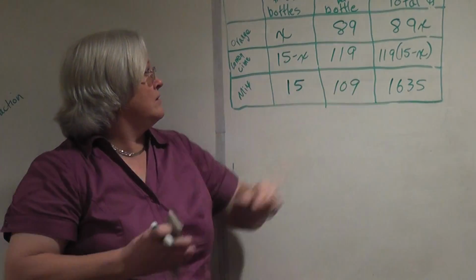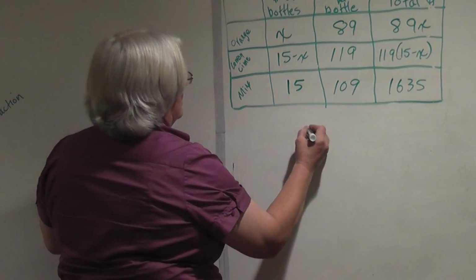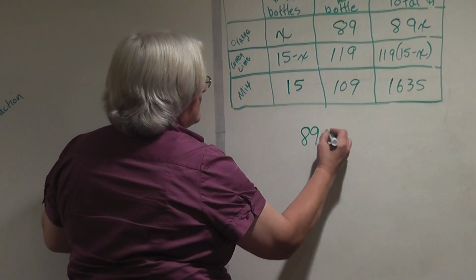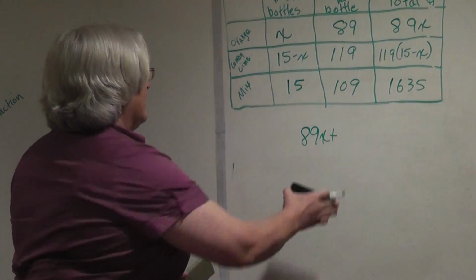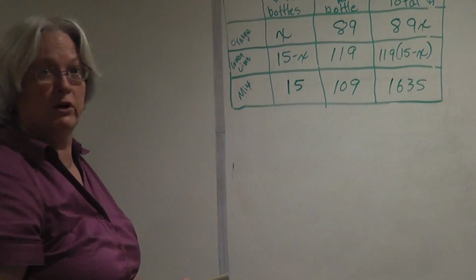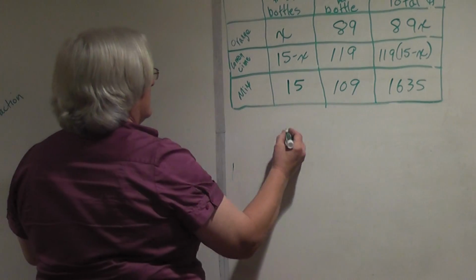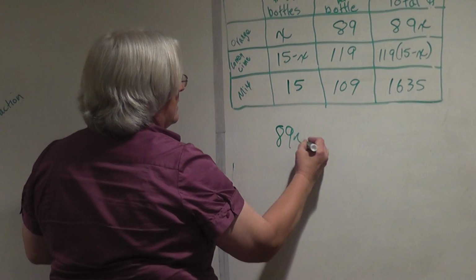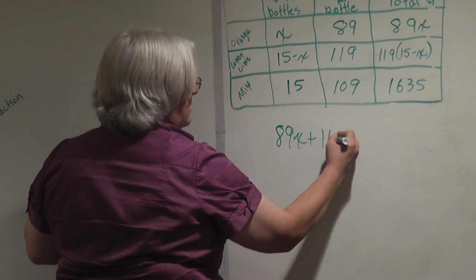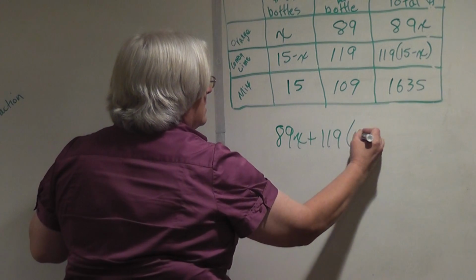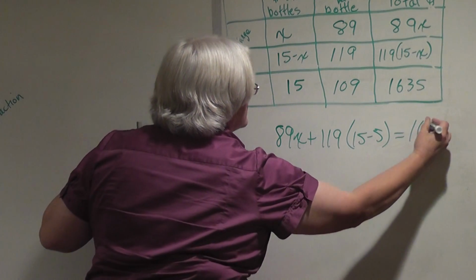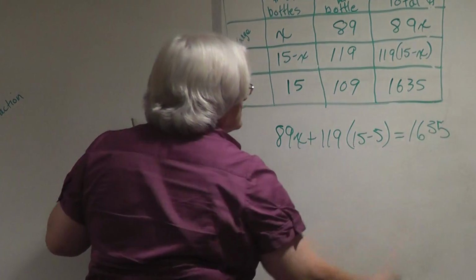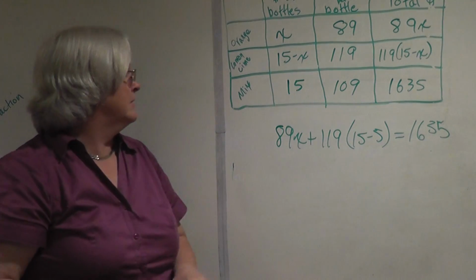So the cost of the orange, which is 89x, plus the cost of the lemon lime, which is 119 times the quantity 15 minus x, is going to give us our total cost, which is 1,635.